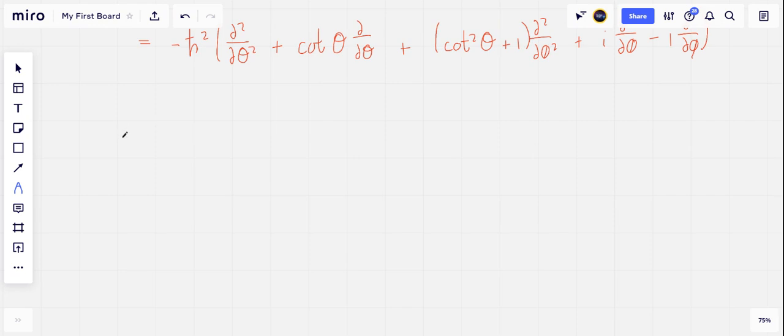And this simplifies even further to minus h bar squared into d2/dθ² plus the cotan of θ d/dθ plus 1 over sine squared θ d2/dφ².